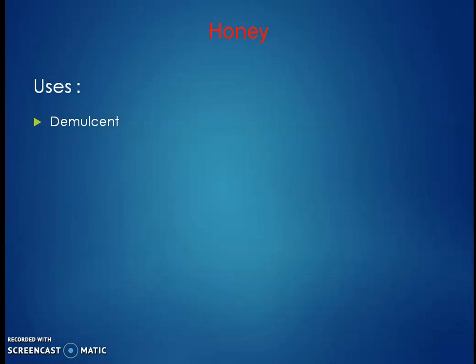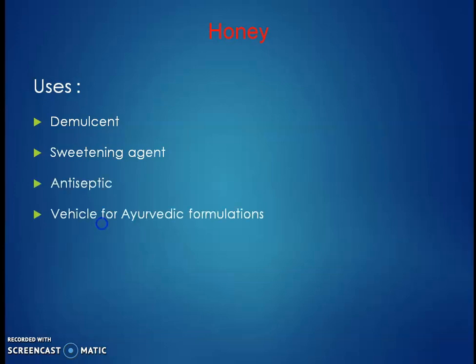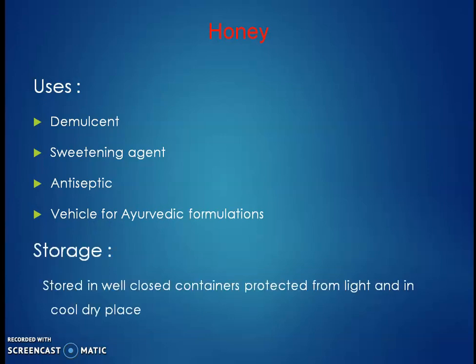It acts as a demulcent, sweetening agent, antiseptic, and vehicle for Ayurvedic formulation. Then storage condition of honey: it should be stored in a well closed container, protected from light and in a cool and dry place.